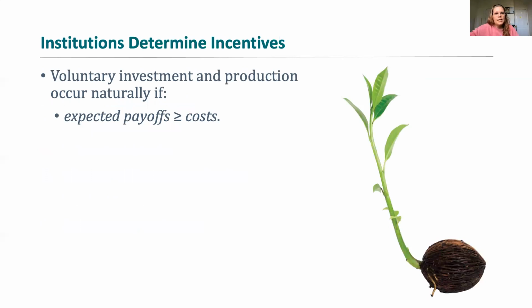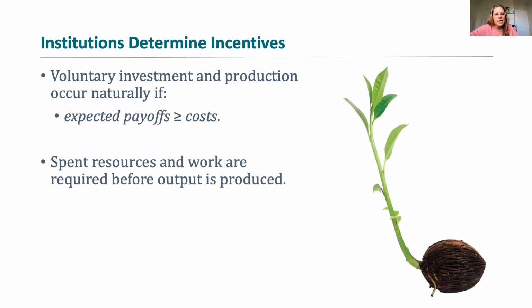So, right, this is where institutions themselves begin to determine incentives, and they decide how to spend resources in order to help people see that the expected payoff from their work is actually greater than the cost associated with it. Of course, there's a time lag, right, between what we do now and the benefits that we reap in the future. Oftentimes payoffs from investing in something today come a long time in the future.